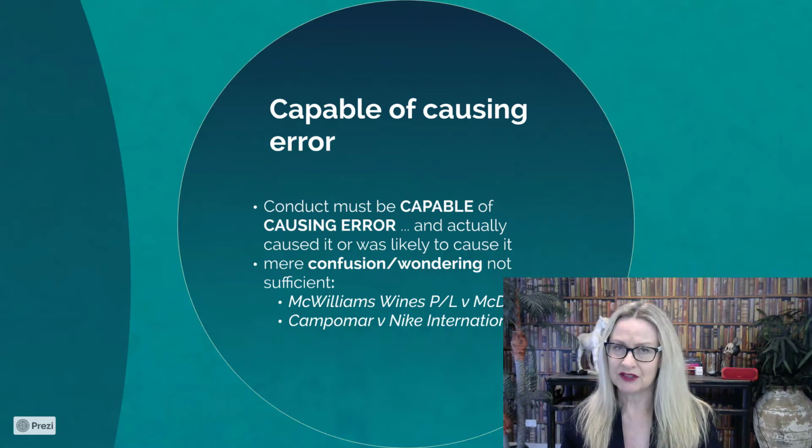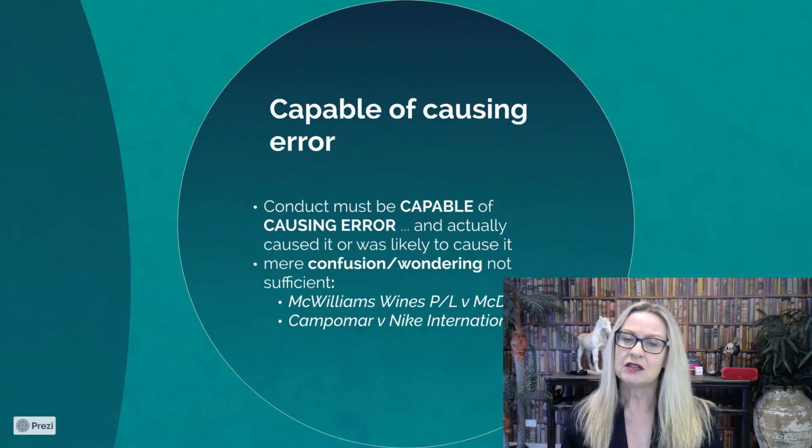Whatever conduct that's being complained of has to actually be capable of misleading, okay? So it's not sufficient that it might make consumers just wonder about the matter or cause some kind of general confusion in people's minds. It has to actually be capable of leading consumers into error, or leading parties into error.